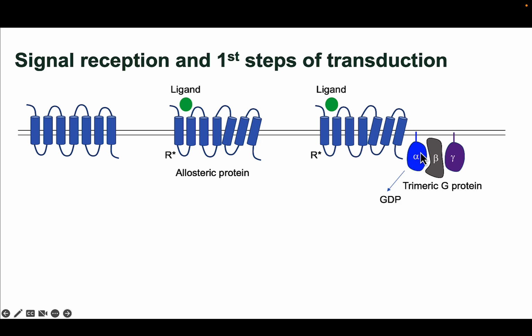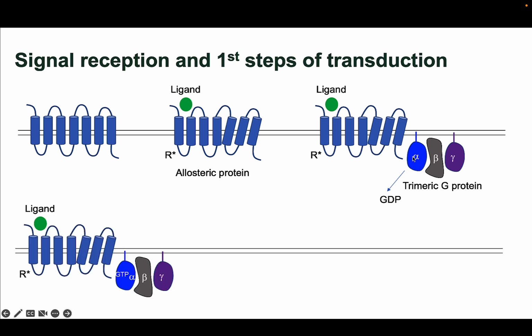And so this alpha subunit is going to bind to GTP. Now the alpha subunit has GTP, and this is going to change the shape of the alpha subunit, and cause it to dissociate from the beta gamma subunit.